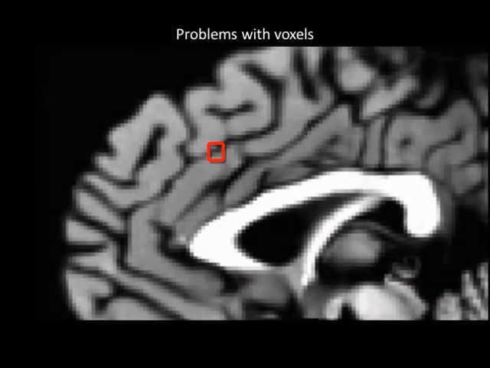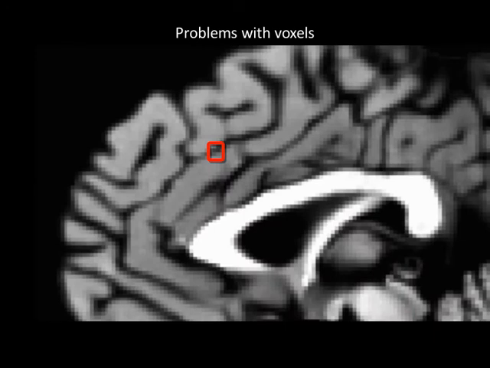So these problems with voxels correspond to something called the partial voluming effect. If we have a voxel which bridges 2 distinct anatomical areas, say 2 gyri, which could be anatomically distinct and also functionally distinct, because these different pieces of cortex could have different cytoarchitectonic properties, and they could be doing different things functionally, right?